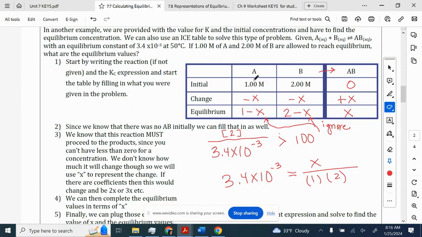We don't need to raise any of those to a power because there's no coefficients. So now all you have to do is solve for X. Okay. So X is going to equal 2 times this amount. 2 times that amount is 6.8 times 10 to the negative 3rd. That's a very small amount. It's not going to put a dent in these. So your ignoring was validated.